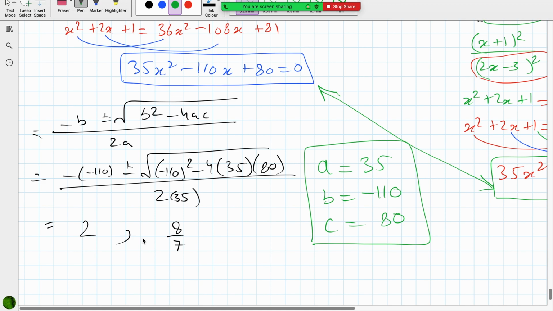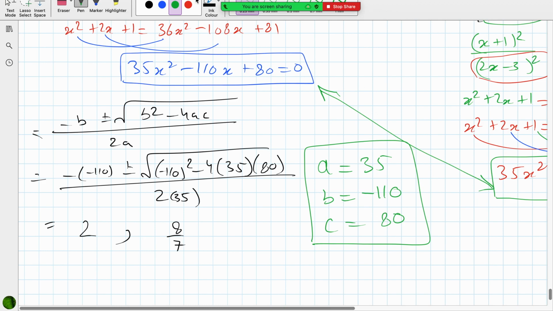This is 110 squared. And if you're putting a negative sign, you should use brackets. That's 2 and 8 by 7.